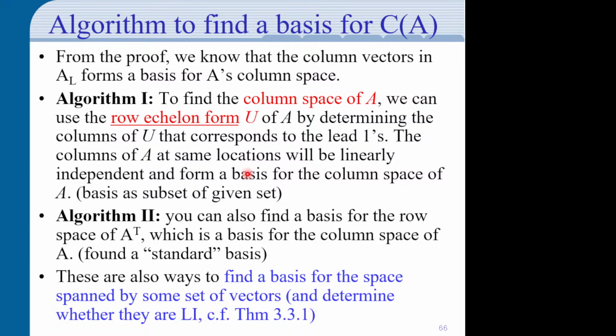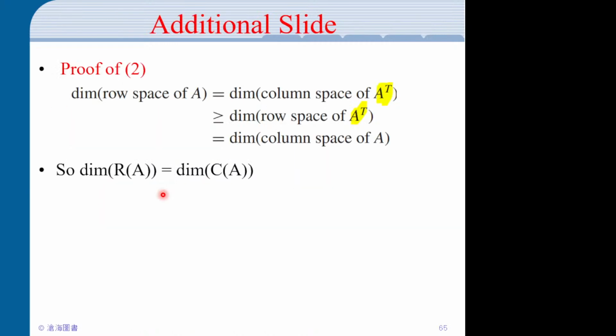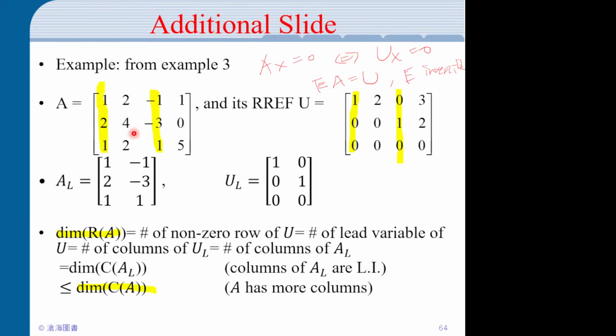Because given a set of vectors, you can just list them together to form a matrix A. And this will tell you what is the basis for those set of vectors. You list the given vectors as columns, and algorithm 1 will give you a subset of those vectors. See, so here you get a subset of those vectors, and they form a basis.